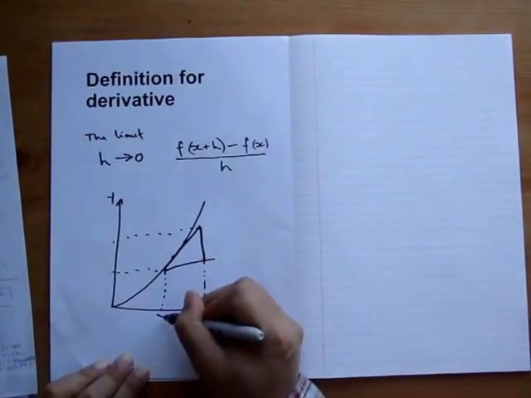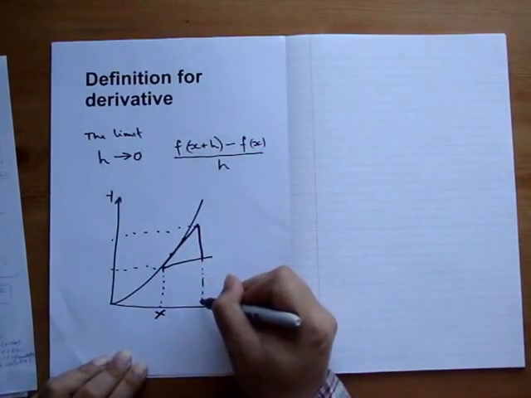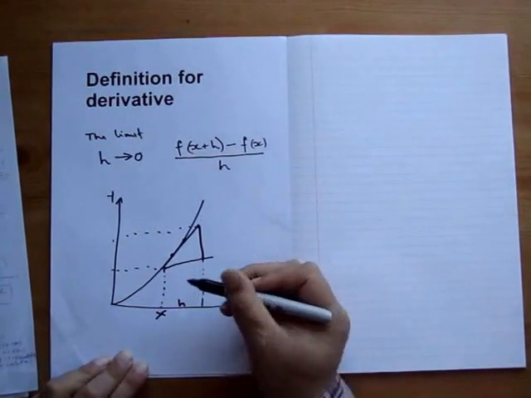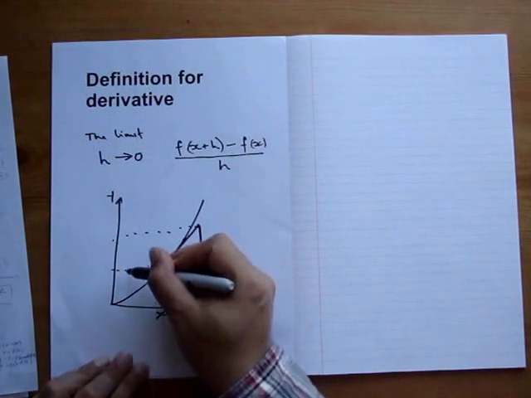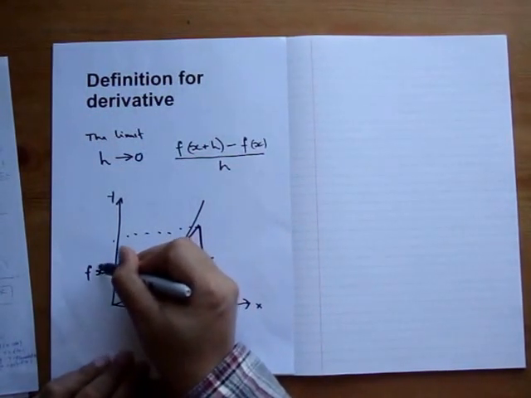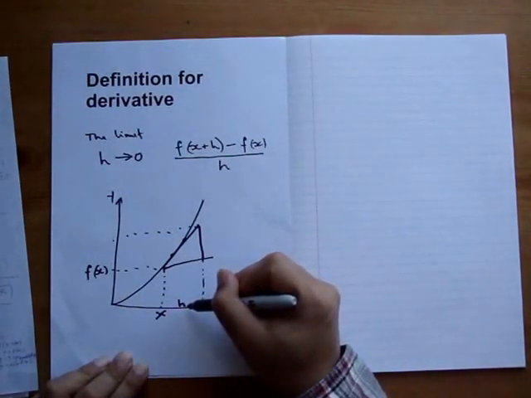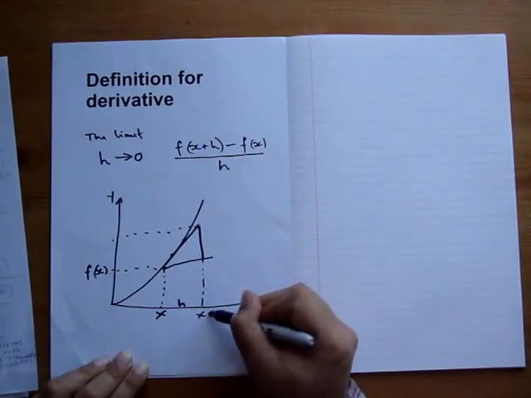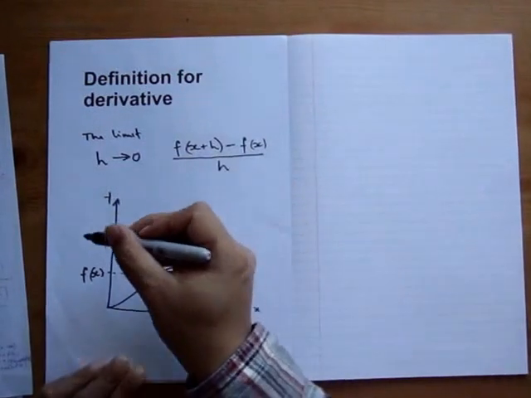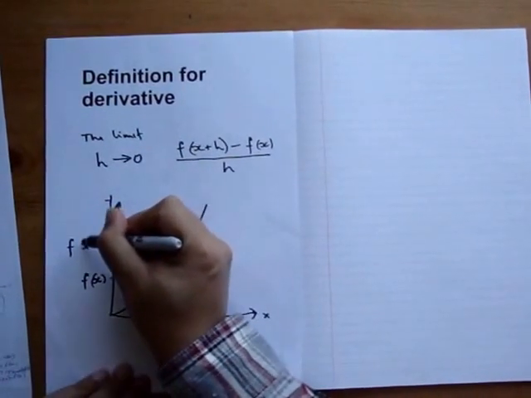If we call this x, and this distance h, the corresponding value for x on the y-axis is f of x, and the corresponding value for x plus h, if we go up and along to the y-axis, is f of x plus h.